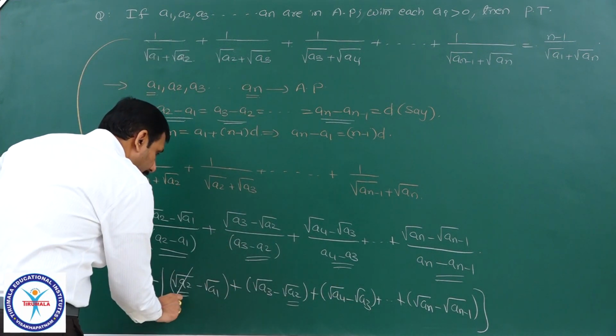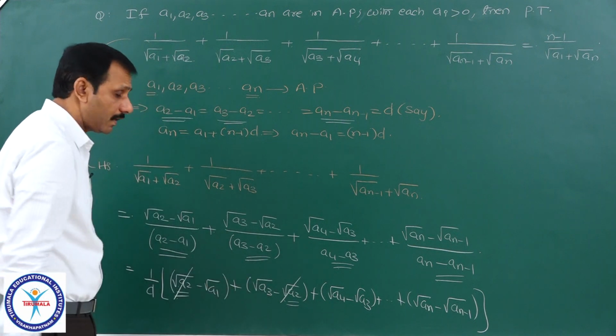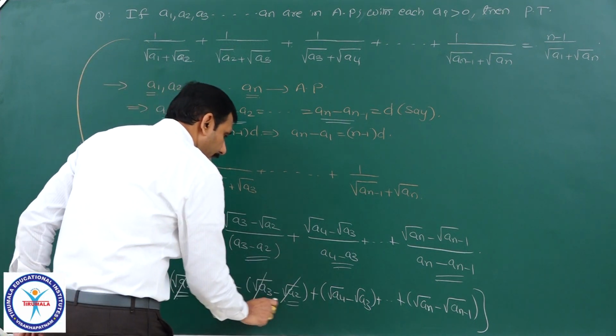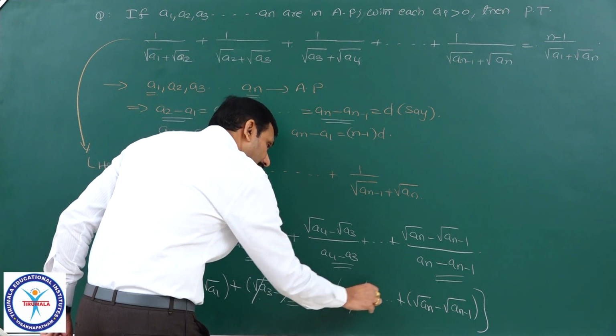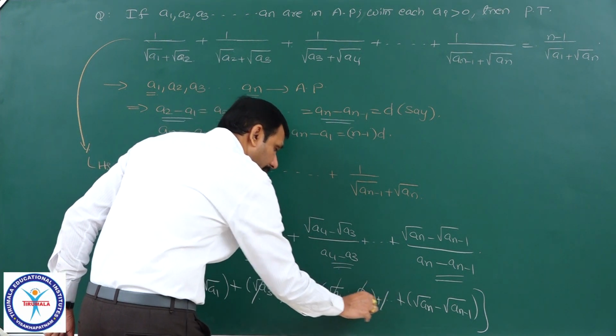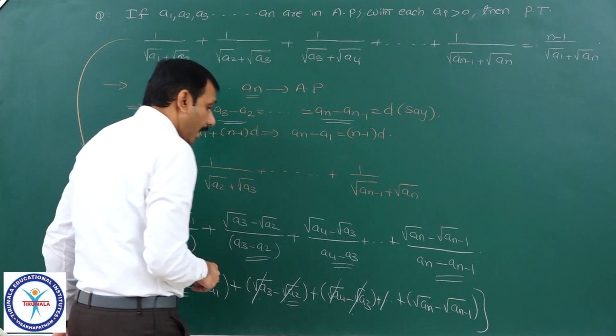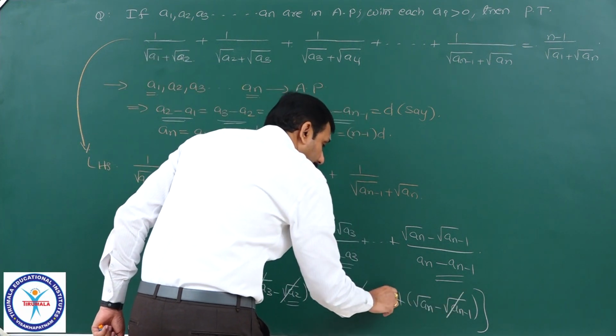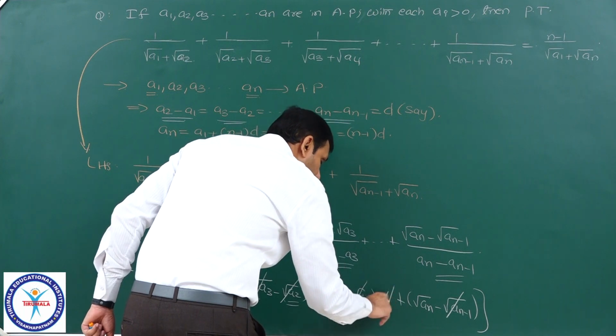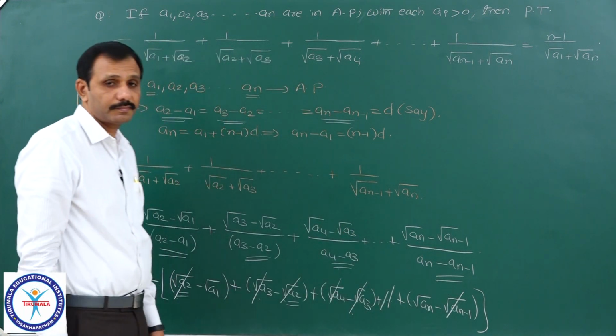Therefore, root a2 minus root a2 cancel, root a3 minus root a3 cancel, and this root a4 will get cancelled with the term of the next bracket and so on. And now root a(n minus 1) will get cancelled with the term of this last bracket.